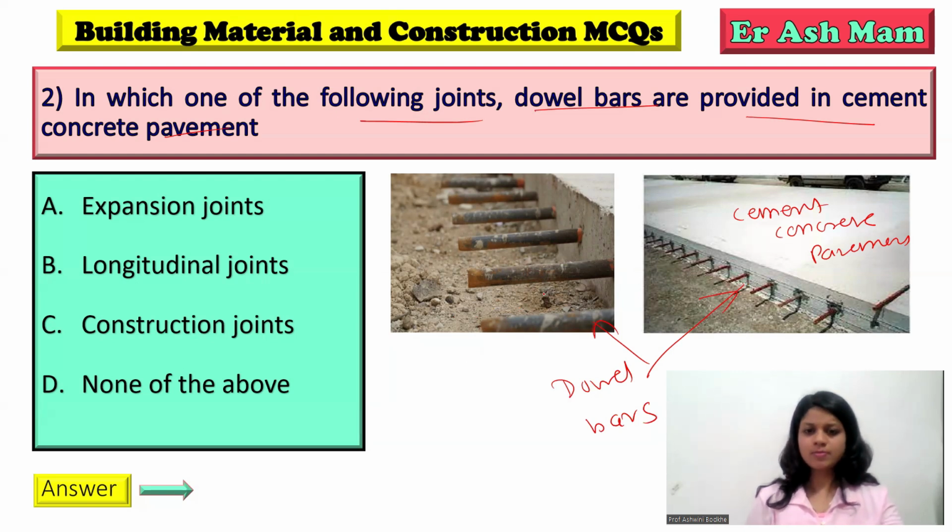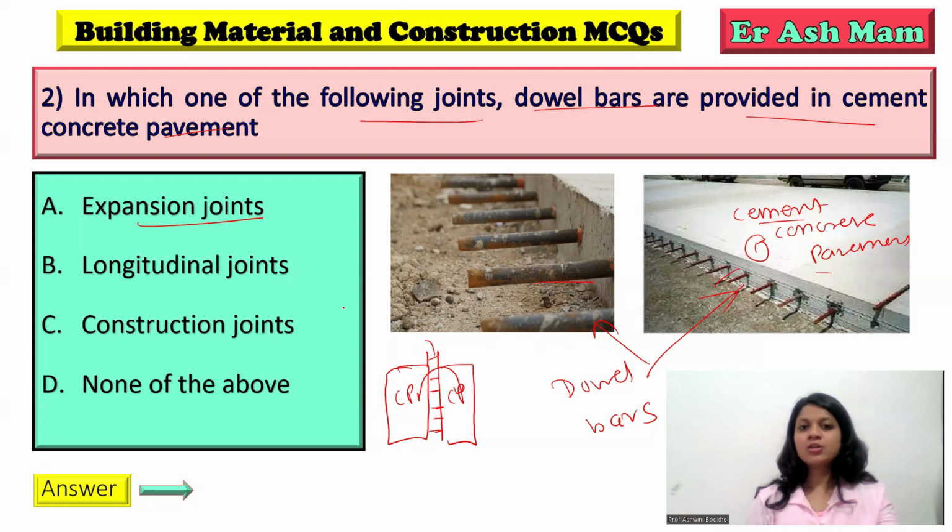Dowel bars are bars used in cement concrete pavement to transfer load from one pavement to the adjacent pavement, and this gap is called an expansion joint.